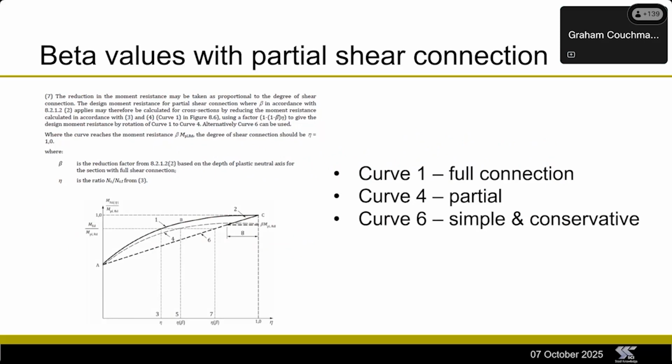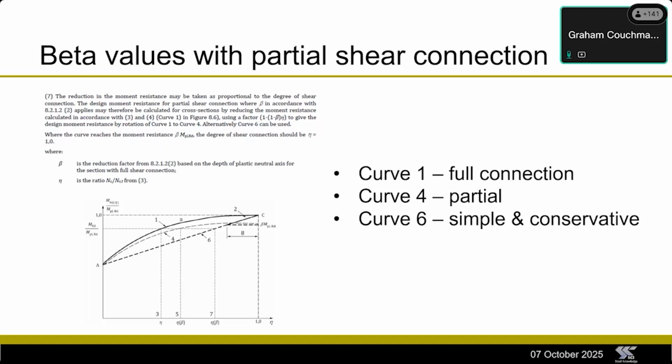I'm not going to even attempt to go into the detail of what this graph is showing you, but some of you will be familiar with the way that you deal with partial shear connection in working out the moment resistance of a beam. The straight line which goes from A to C: A represents the moment resistance of the bare steel element, and C represents the moment resistance of the composite with full interaction.